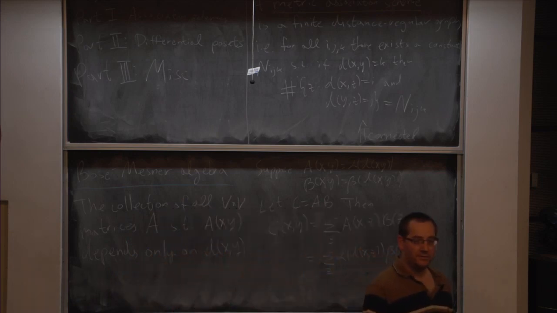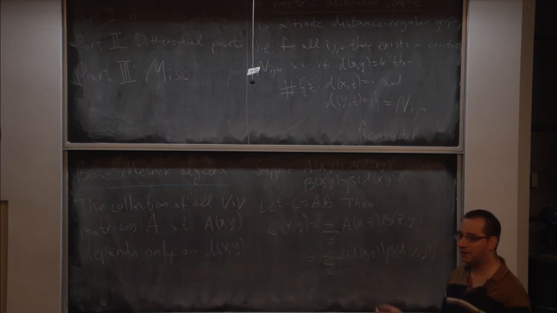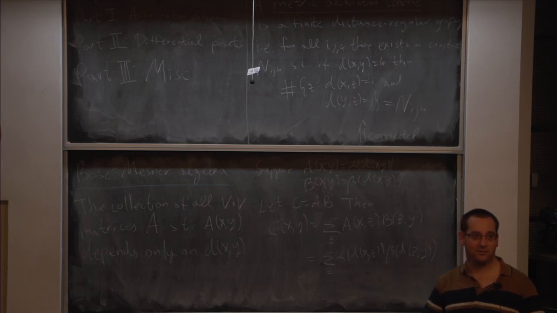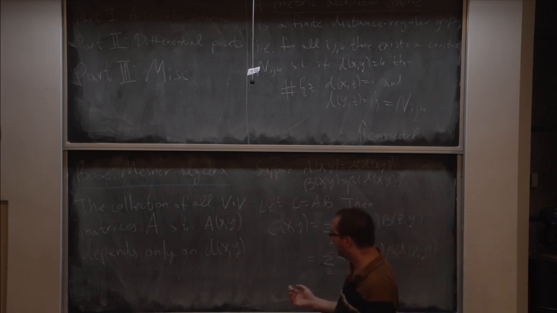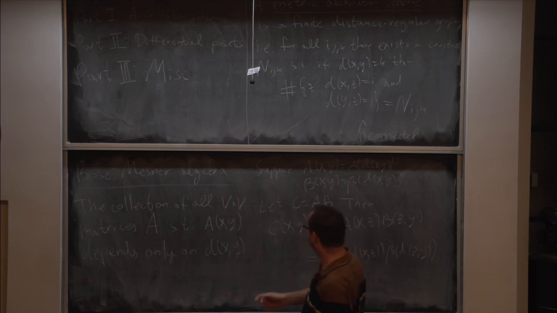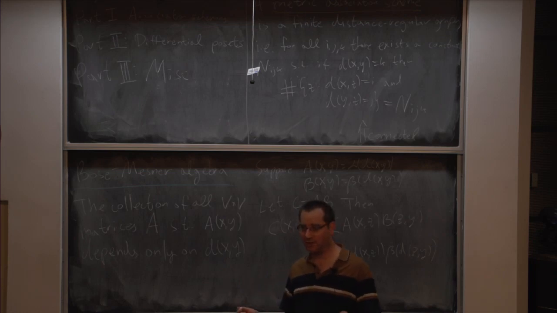And how many of them? The dimension of this algebra depends on the possible values of the distance, so it's 1 plus the diameter. And this also gives us the number of common eigenspaces.